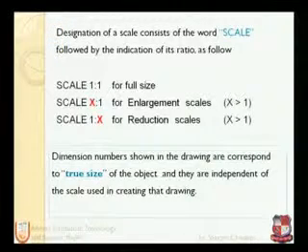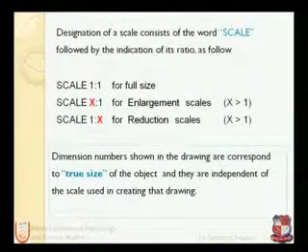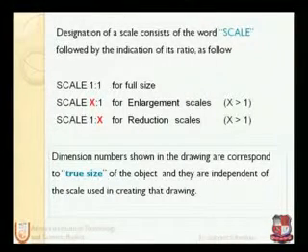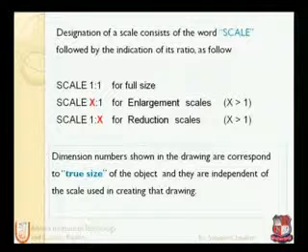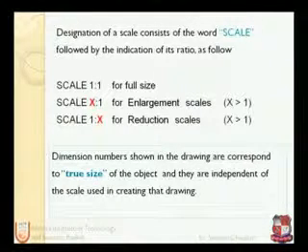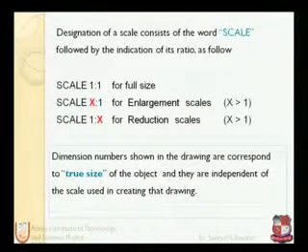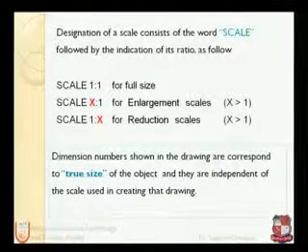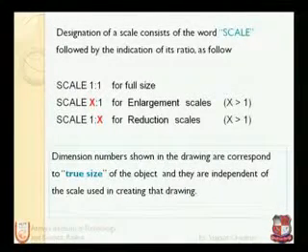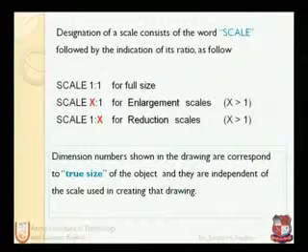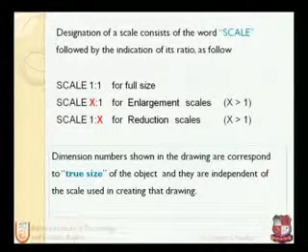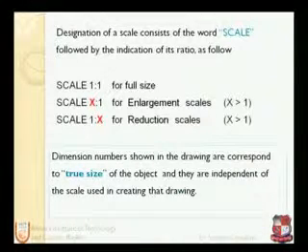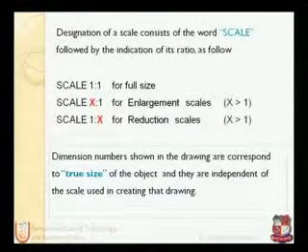The designation of scale consists of the word scale followed by the indication of its ratio as follows. Scale 1 is to 1 for full scale. Scale x is to 1, and if x is greater than 1, for example 2 is to 1, 10 is to 1, 5 is to 1, that is called enlargement scale.